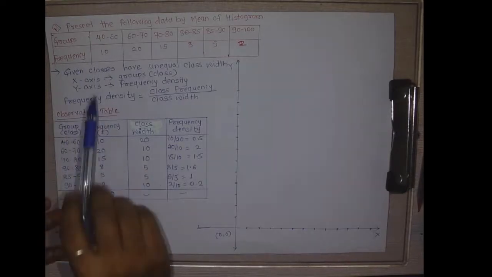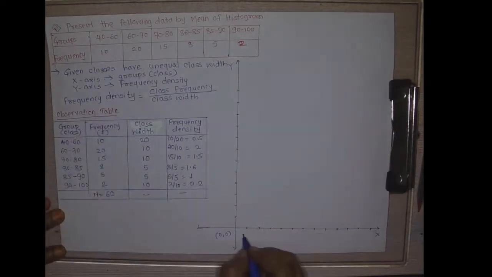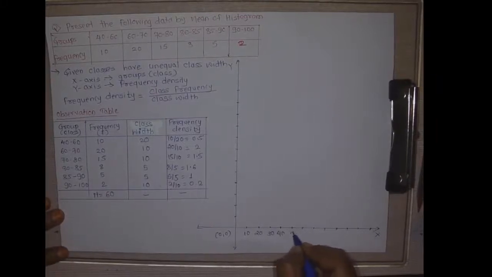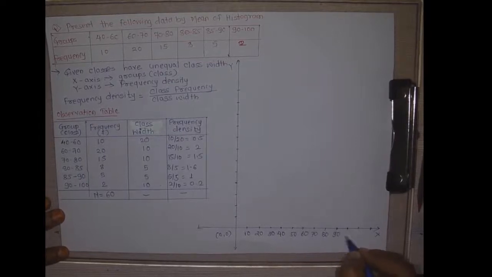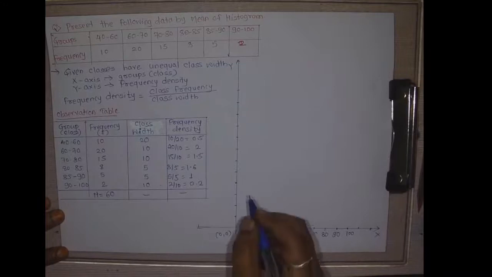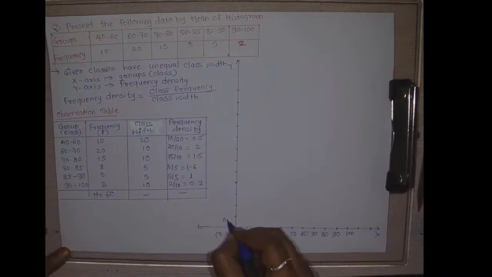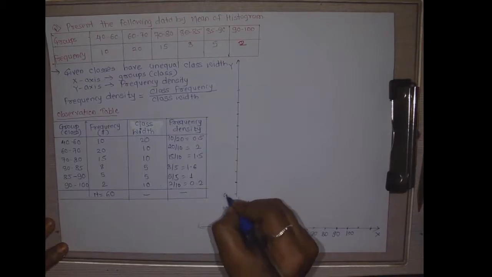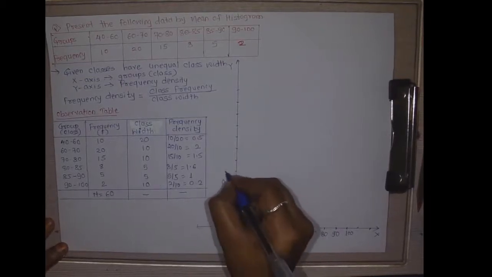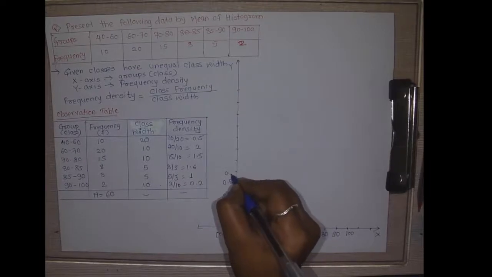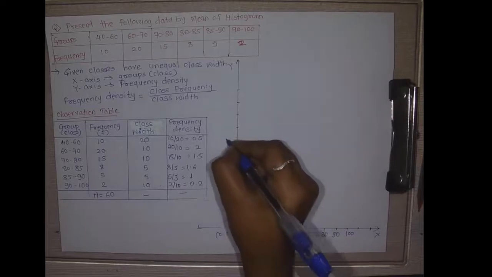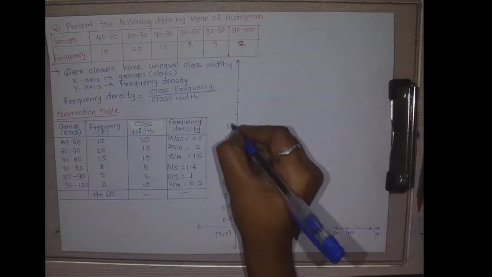The classes start from 40 to 60, therefore we take here 10, 20, 30, 40, 50, 60, 70, 80, 90 and 100. On the y-axis we take the scale 0.2, 0.4, 0.6, 0.8, 1, 1.2, 1.4, 1.6, 1.8 and 2.